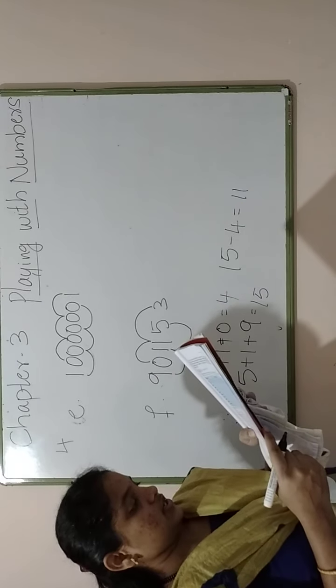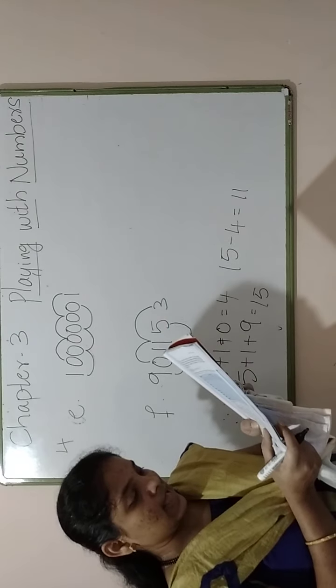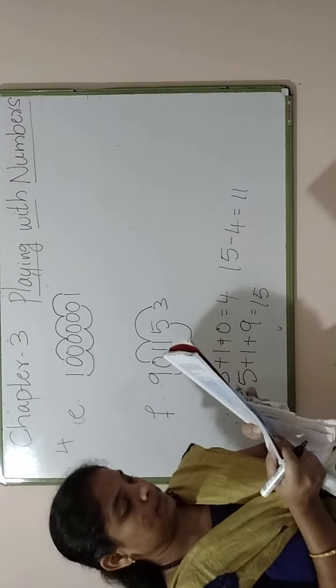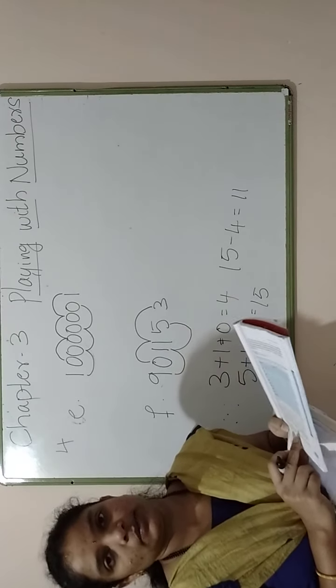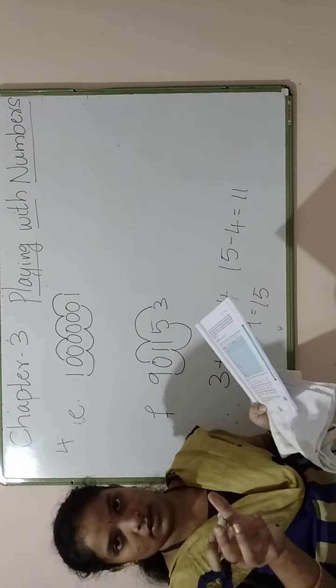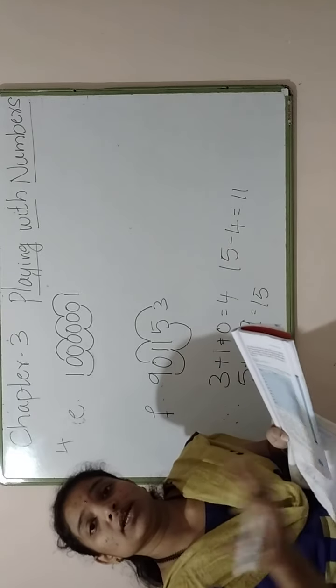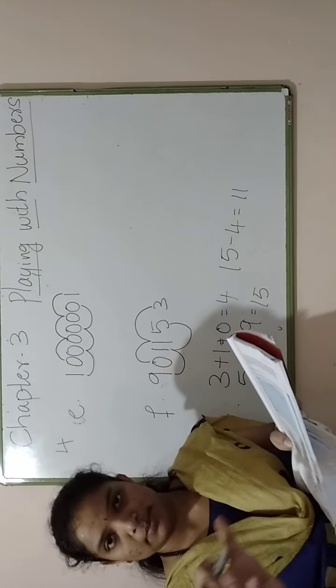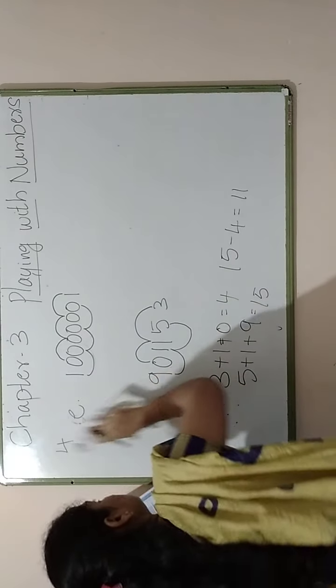Now the next question. Write the smallest digit and the greatest digit in the blank space of each of the following numbers so that the number formed is divisible by 3. They have given one number and one blank. In that place, which number do we have to put so that the number is divisible by 3? So let us do this.